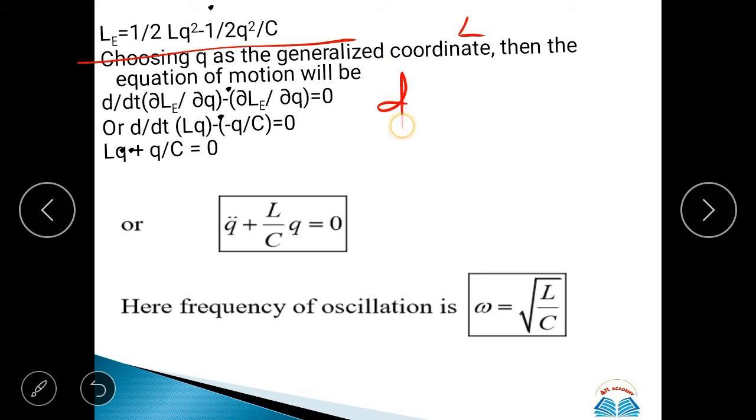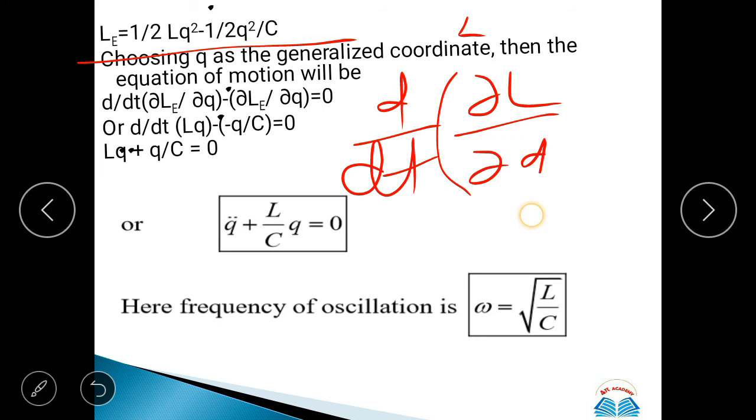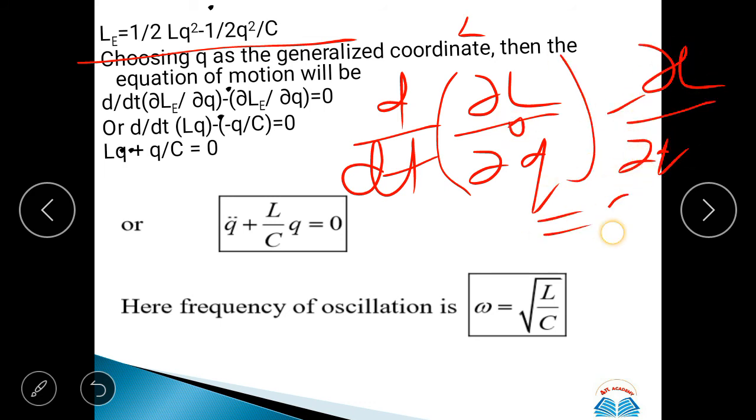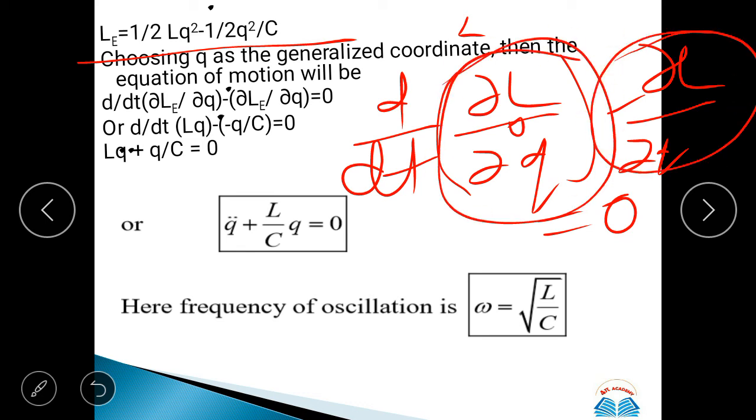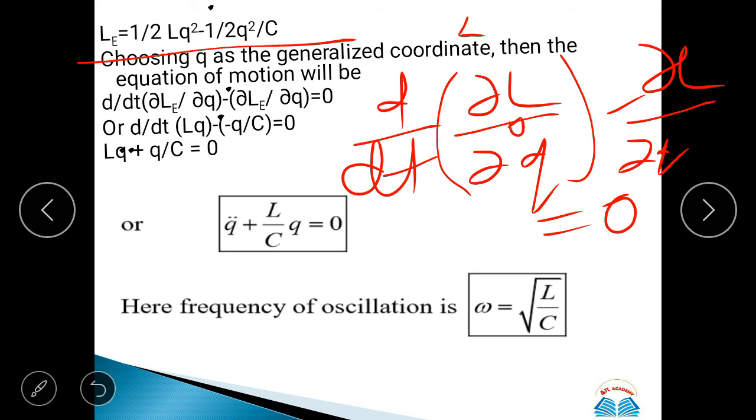The same thing we do: we put these values in the Euler-Lagrange equation, which I am writing here. We take one time derivative of the Lagrangian with respect to q dot, and one with respect to q, and put them in this equation.